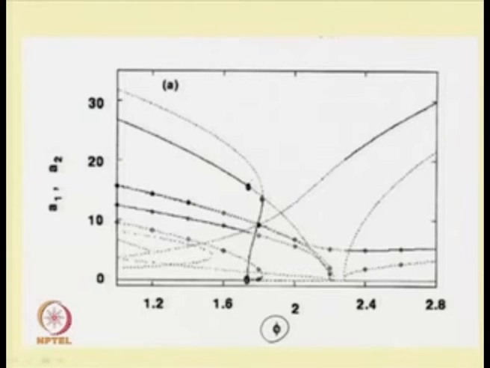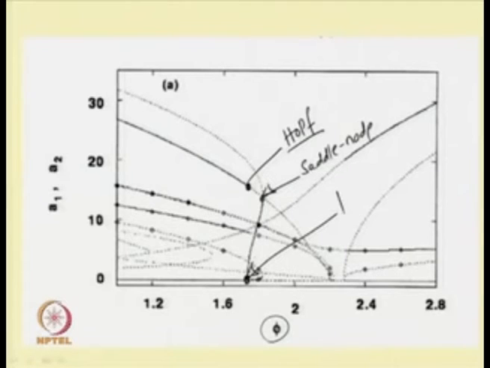one can observe a Hopf bifurcation point. So, this point corresponds to a Hopf bifurcation point. This point corresponds to a saddle node bifurcation point, and this is a pitchfork bifurcation point.